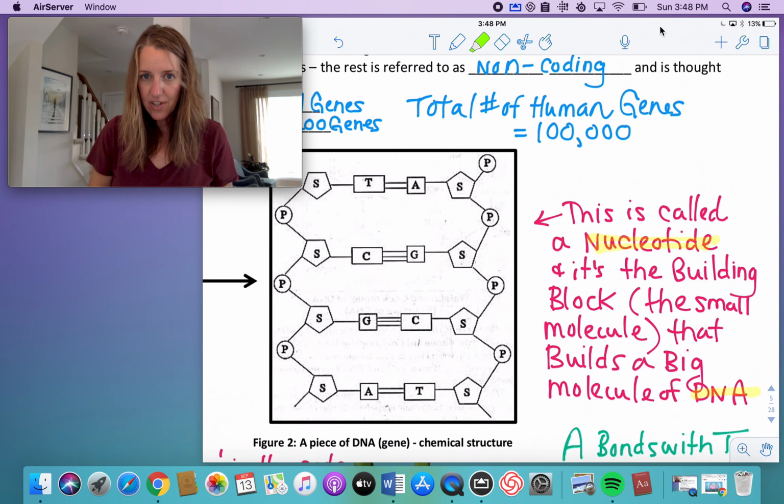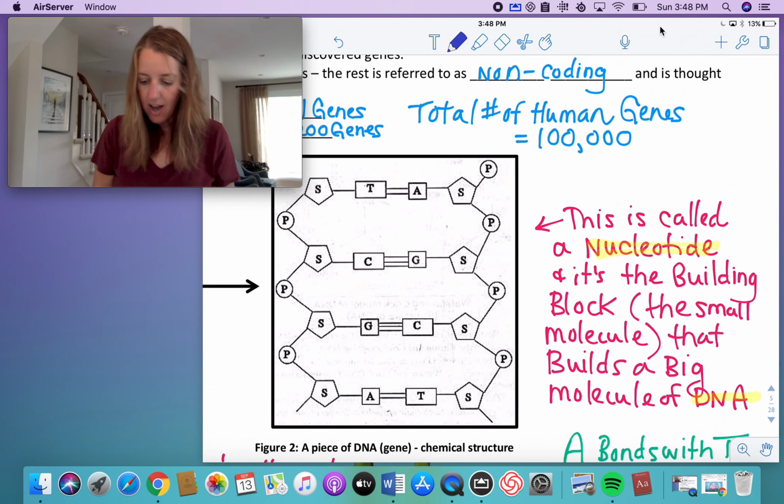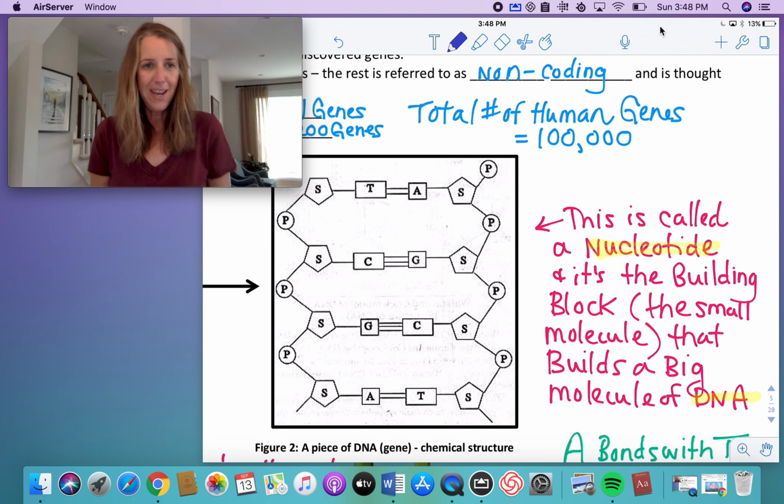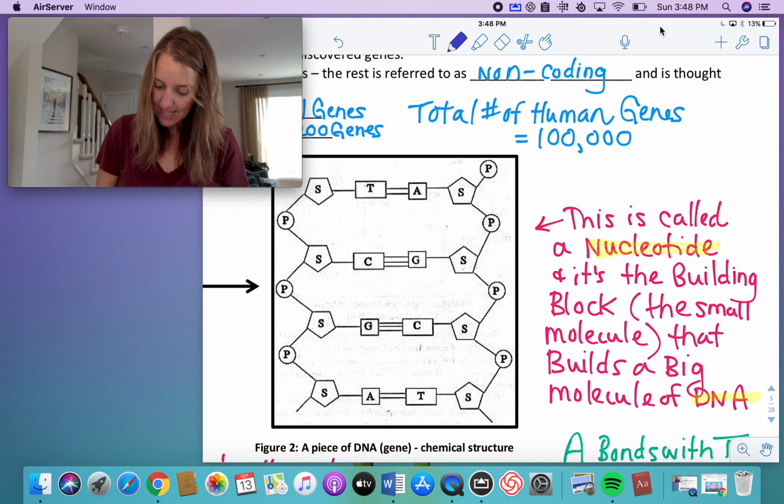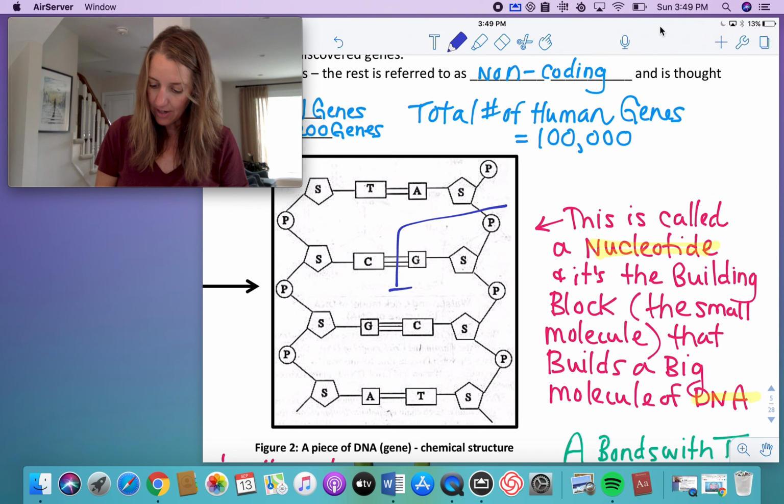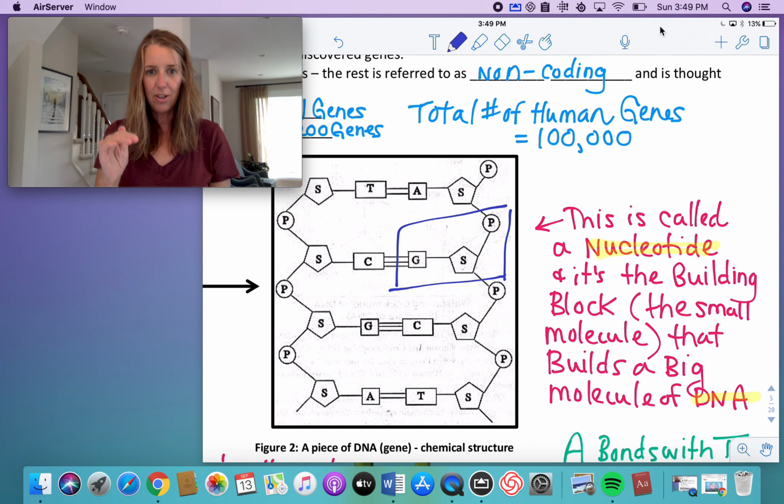okay, here is what the chemical structure of a DNA molecule looks like. Remember we talked about the base pairs that bond together, okay? Well, we're going to get to that when we look at the A's and the T's and the C's and the G's. One thing you want to take away from this lesson is that this part right here doesn't this look the same as all of the other bits?